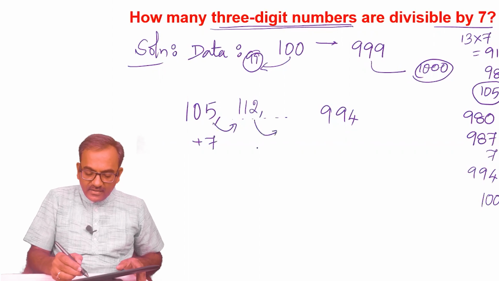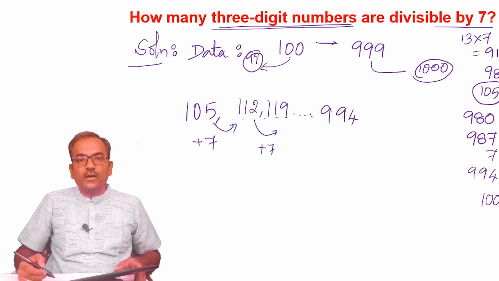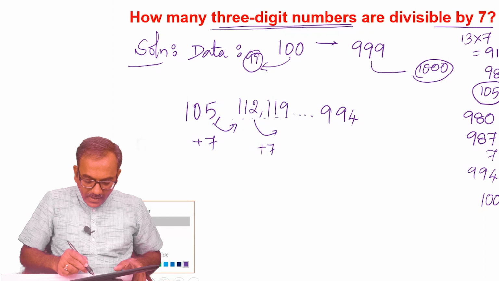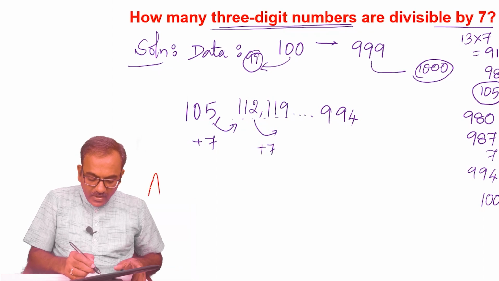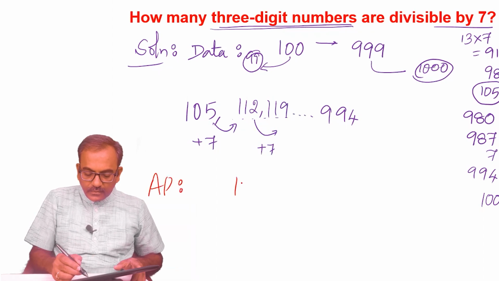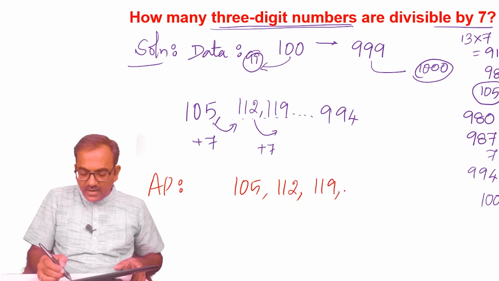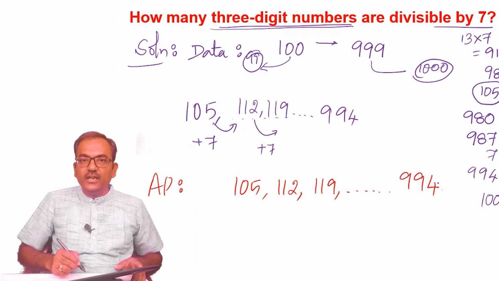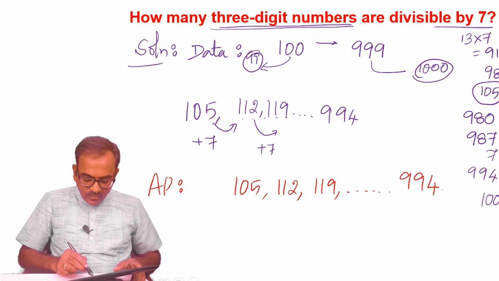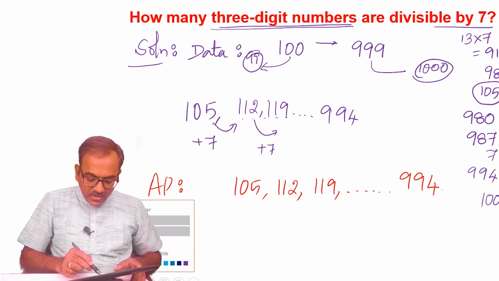I add another 7 to it to obtain 119 and so on. Therefore, my final AP would be 105, 112, 119, and so on up to 994. This is what I am looking at.